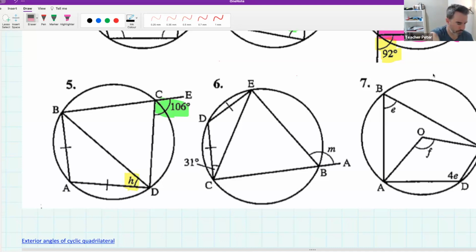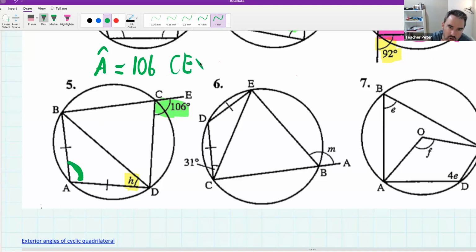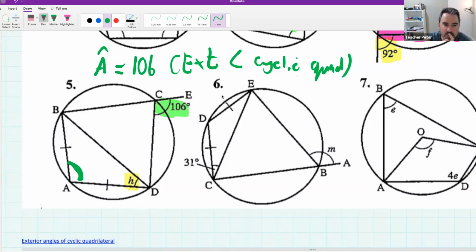Okay, so I want to suggest that angle A is the first thing I want to find, which is down here. What is the size of angle A? So I think angle A would be 106 because of exterior angle cyclic quad.